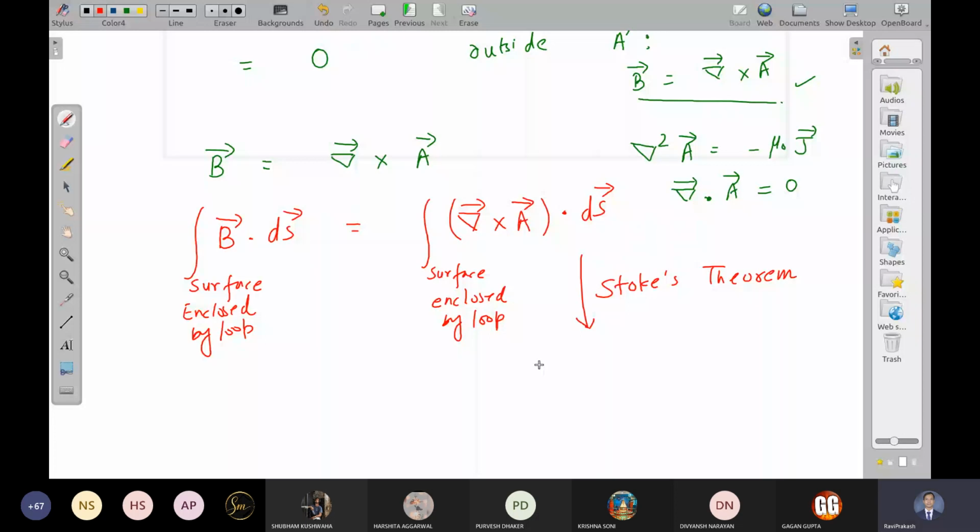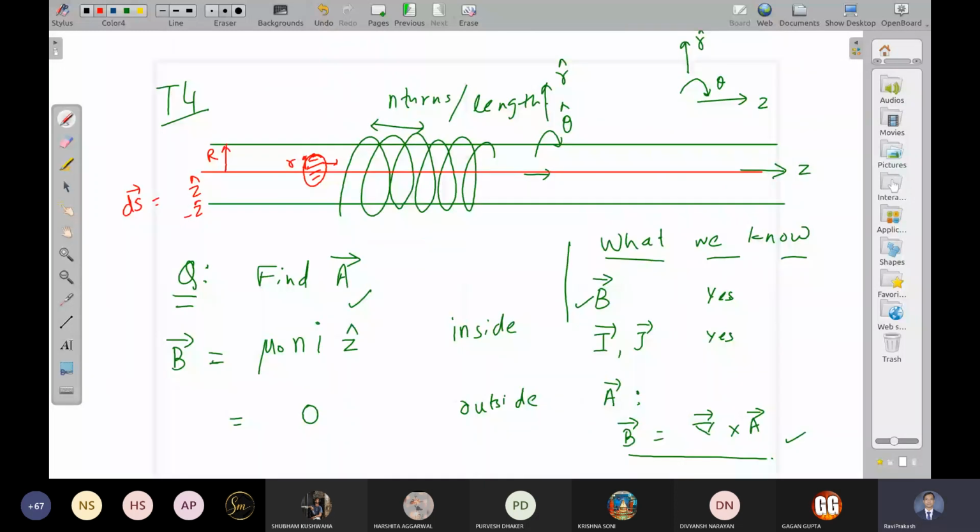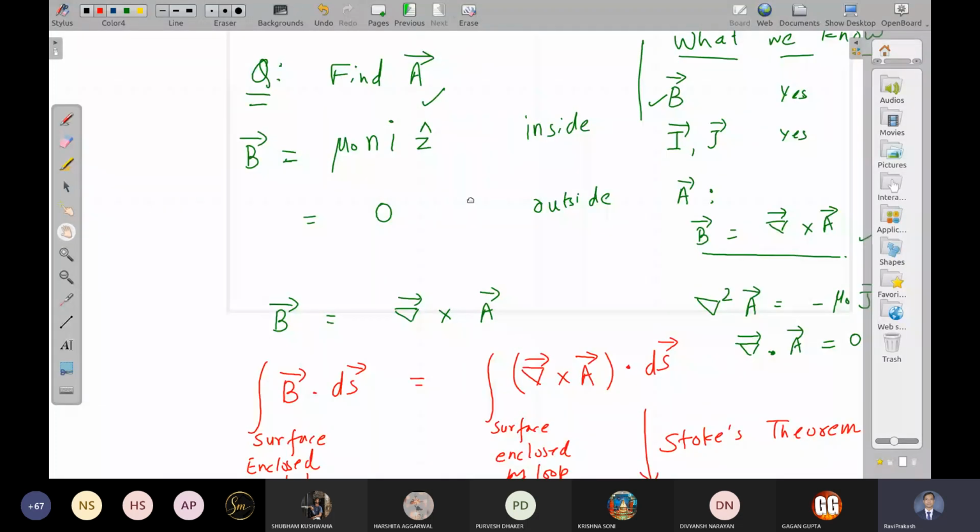What is the boundary now? Boundary of loop, right? Means integral on this boundary. Direction depends on z cap. If you are taking z cap, then this is theta cap direction. If you are taking minus z cap, it is minus theta cap direction. But anyway, we get this result.